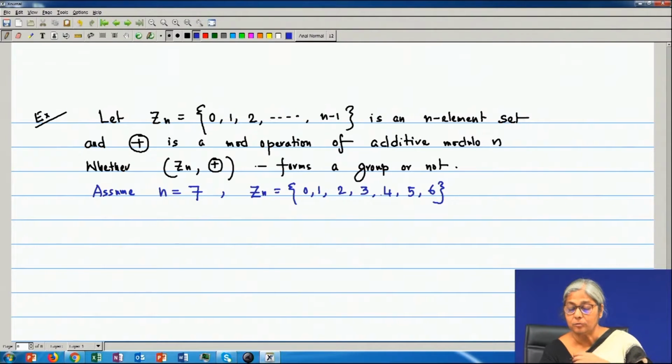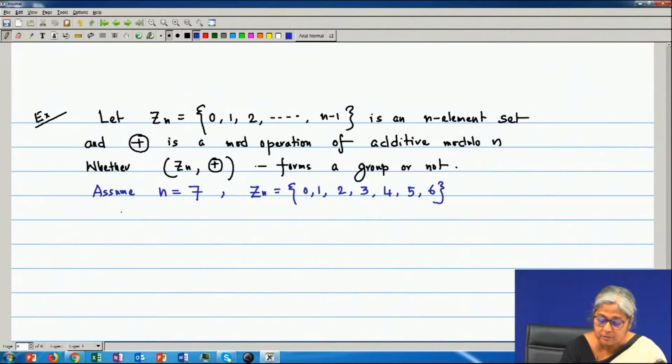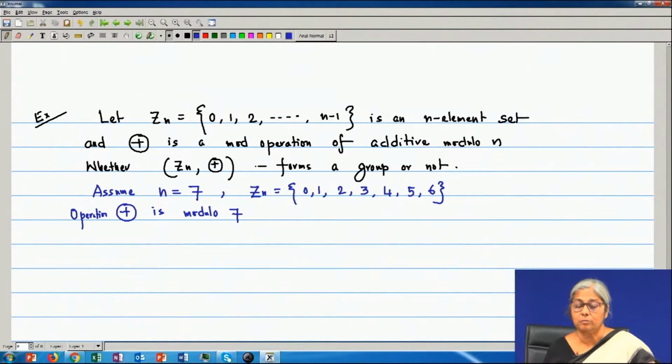Since I will be taking modulo 7, my operation is modulo 7. Remember that modulo 7 means if we divide the number by 7, we take the remainder. The remainder can be from 0 to 6, and that is my set.